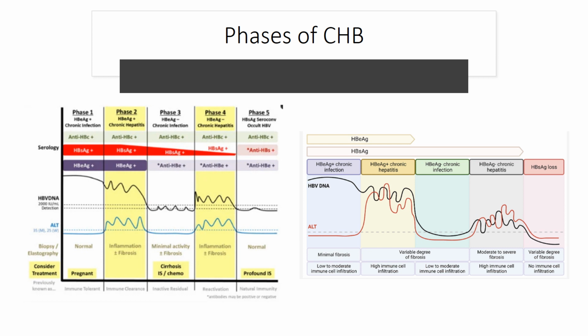HBV DNA concentrations are lower than found among hepatitis B E antigen positive people, typically between 10^3 and 10^5 IU per ml, but higher than in hepatitis B E antigen negative infection. Hepatitis B surface antigen concentrations can remain high, above 1000 IU per ml.